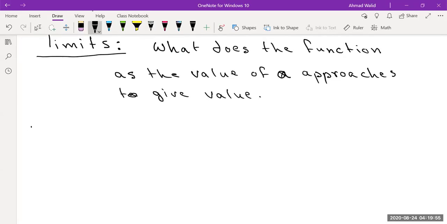I will explain it in an example for you. And actually, this is the meaning of limits in calculus. What does the function do when a value of a approaches another value? Actually, we are looking at the behavior of the graph, correct? That's the idea of the limit. You see, point Q is approaching point A. What does the function do?